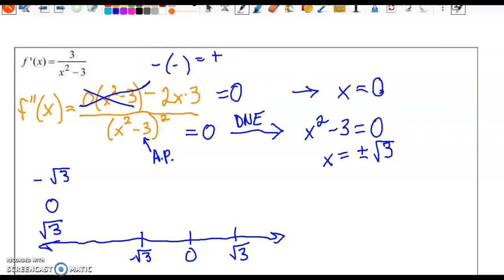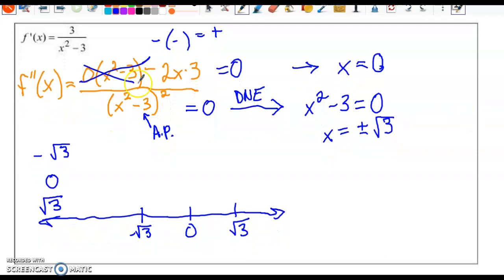So without confusing you too much with the sign analysis, what should happen is at negative root 3 it is undefined, at positive root 3 it is undefined. And if we consider 0, we need to have a negative times a negative somehow.